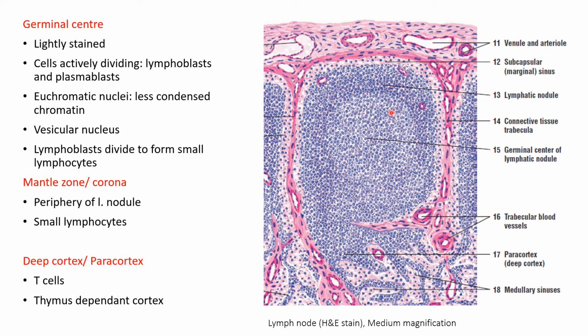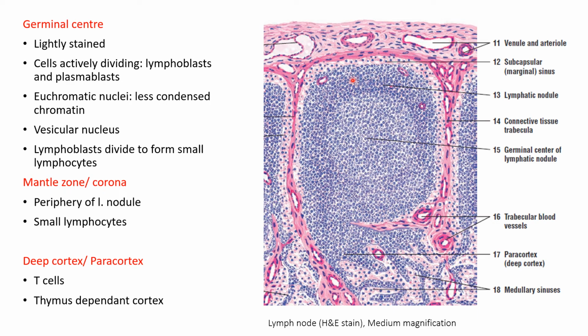These actively dividing lymphoblasts will give rise to small lymphocytes. Now these small lymphocytes will aggregate in the peripheral zone of the secondary lymphatic nodule, and these small lymphocytes have darker staining condensed chromatin containing nuclei. That is why this zone appears dark, and this zone is called the mantle zone or the corona.